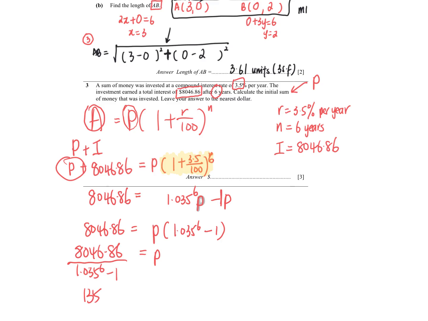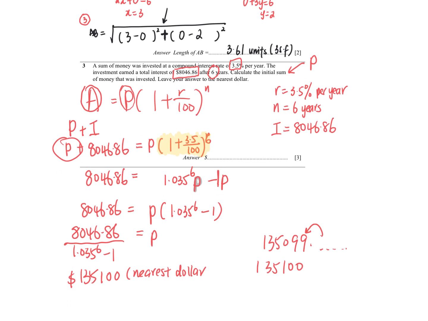It becomes like that, I think. Then nearest dollar. Because before that, if I'm not wrong, it's something like this. Then point something. So when you round off to the nearest dollar, then it becomes like that. Okay, you go and double check what the answer is. But the nearest dollar is 135,100.